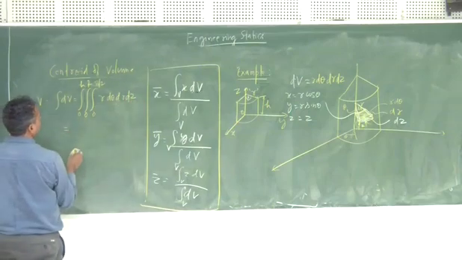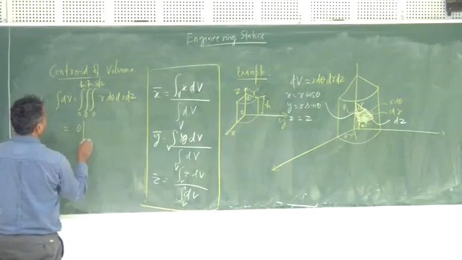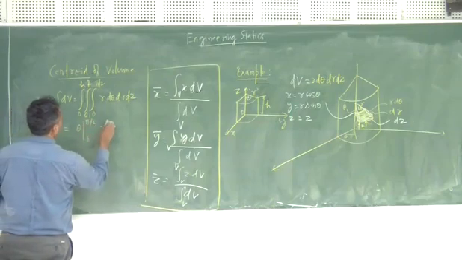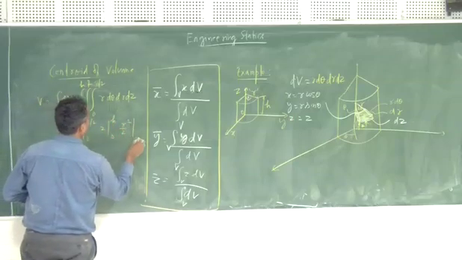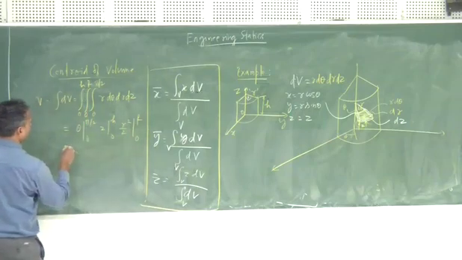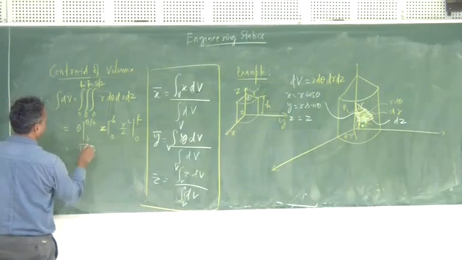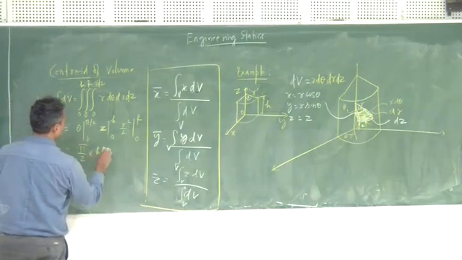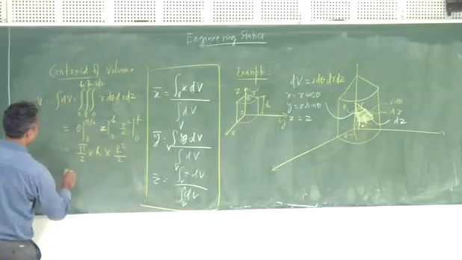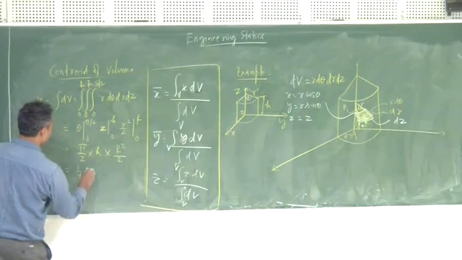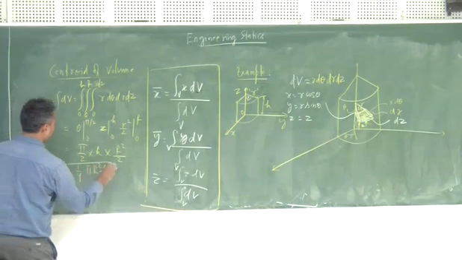In this case, you will see that r square by 2, theta went from 0 to pi by 2, z went from 0 to h. So basically pi by 2 into h into r square by 2, that is nothing but one-fourth pi r square h. This is your volume.